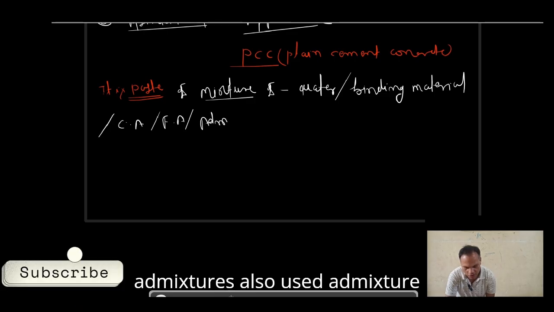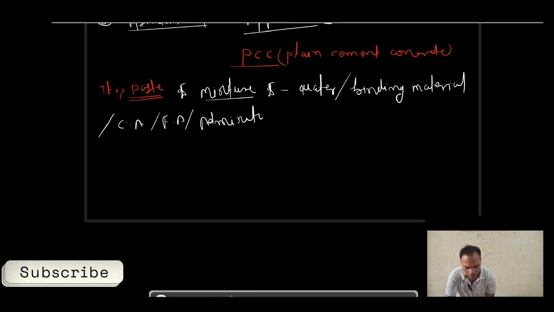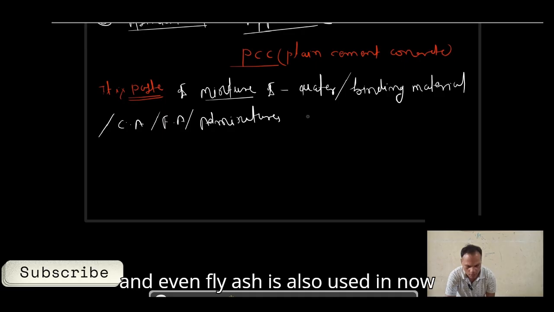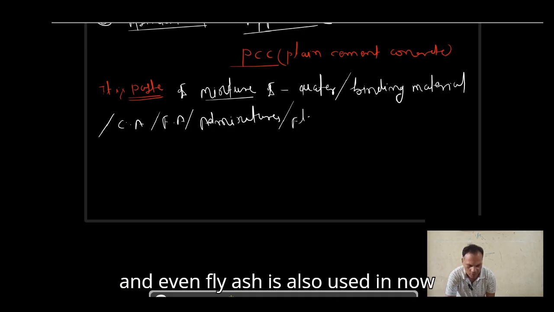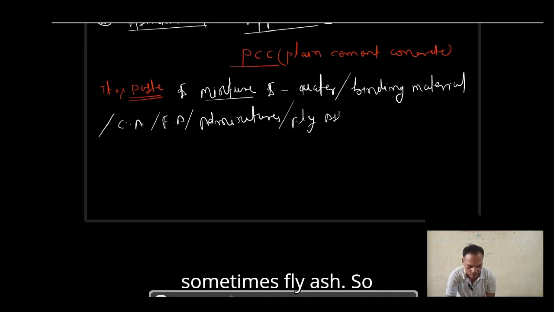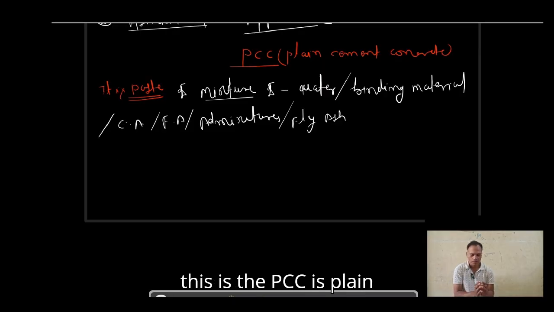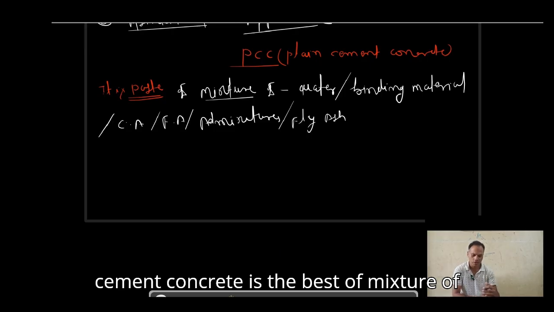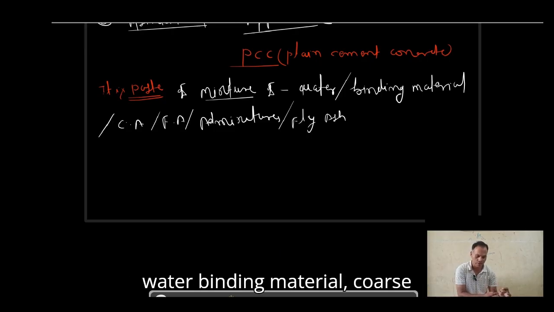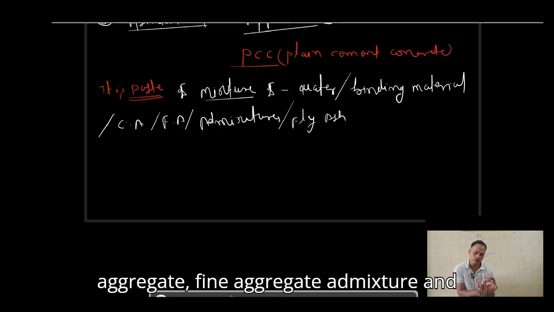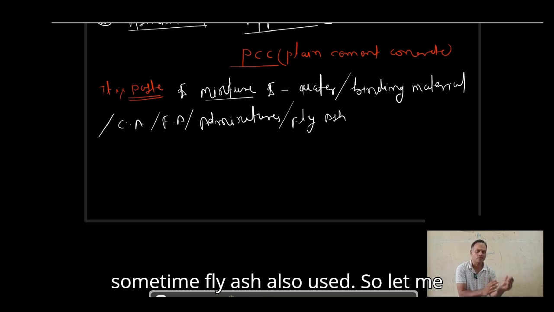Sometimes admixtures are also used, and even fly ash is sometimes used. So the plain cement concrete is a mixture of water, binding material, coarse aggregate, fine aggregate, admixture, and sometimes fly ash.